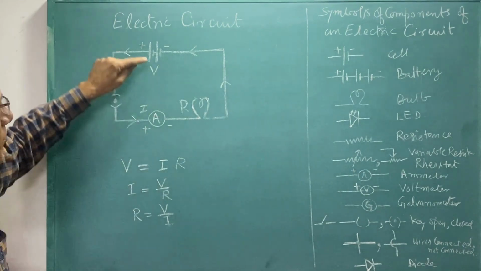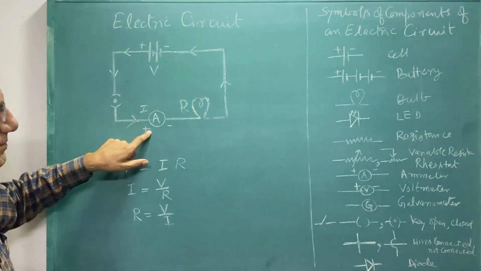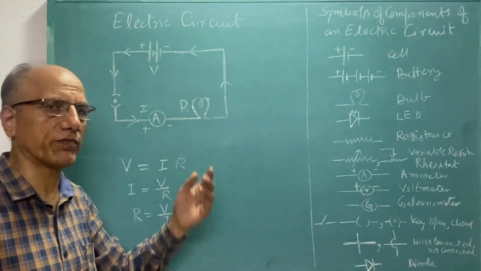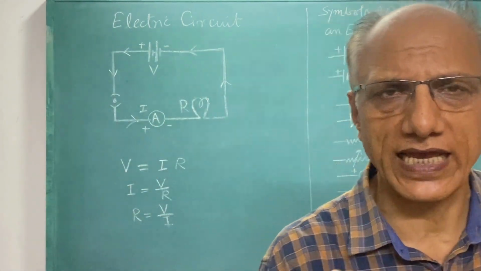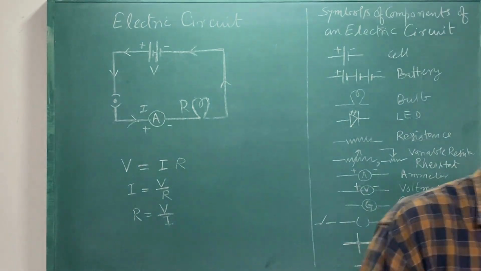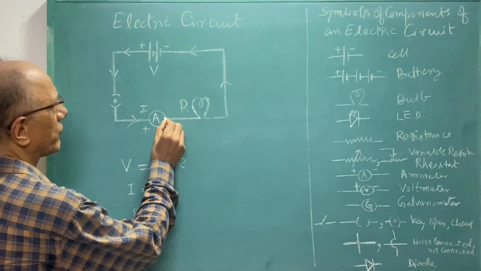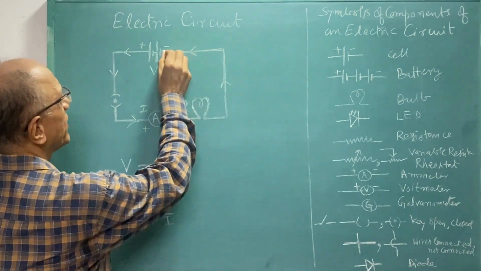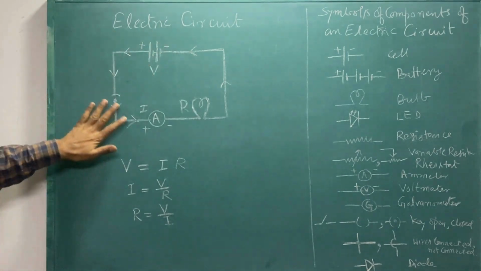Yes, the red one, because it is positive, so positive has to go with the red, and then negative, that means the black terminal, you can connect with the bulb. The terminals of the bulb may be connected in any way, similarly as in the case of the galvanometer. So this bulb can be connected in either way. So red goes to any one terminal, and the second terminal is connected to the negative terminal of the battery. So this way this circuit gets completed.